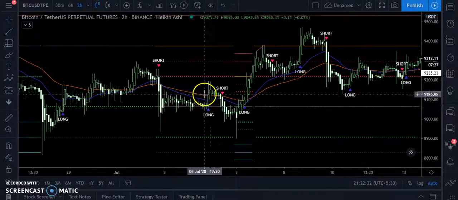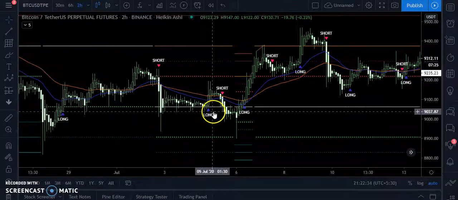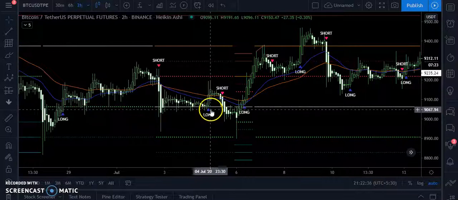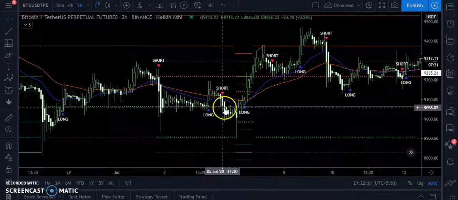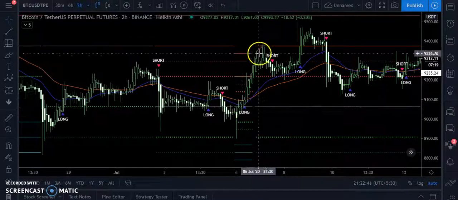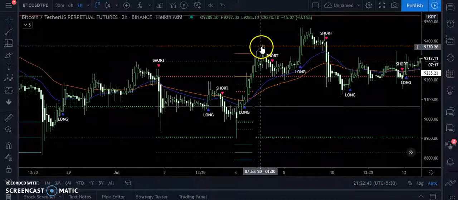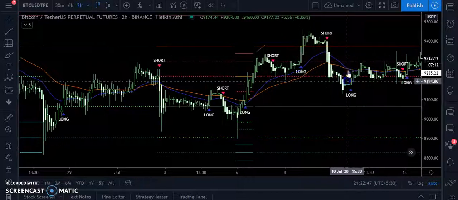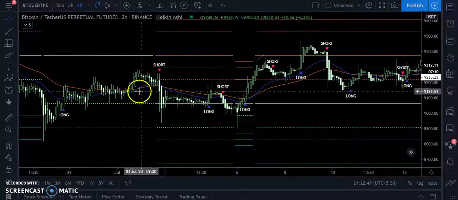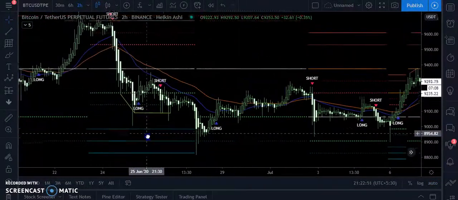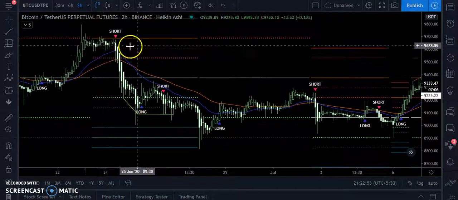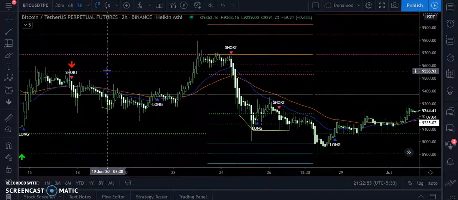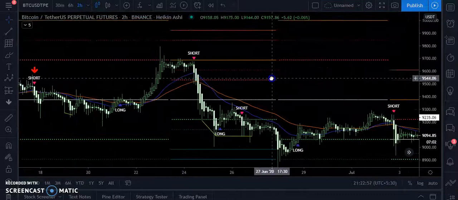Look how the price is near the major support line, and you got a long signal. Price went up and it is finding resistance near the orange line. So you will get ultimate long and short signals.